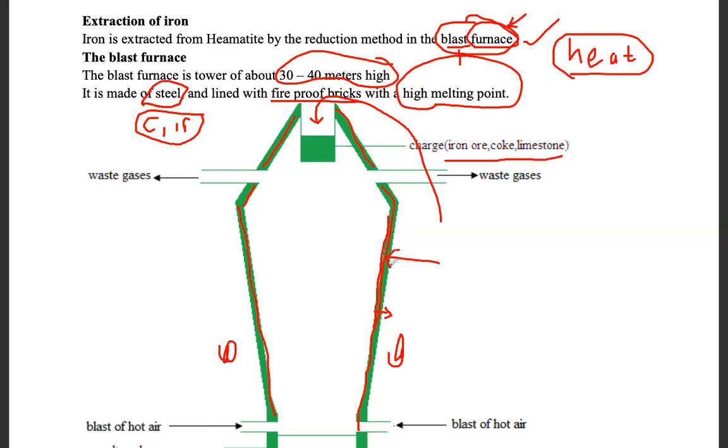It must have high resistance to heat. It must be made with a high melting point. Not only that, it must also be of high density. Remember, if this thing is very light, you load it with what we are calling charge, and the temperature here goes above 500 degrees.